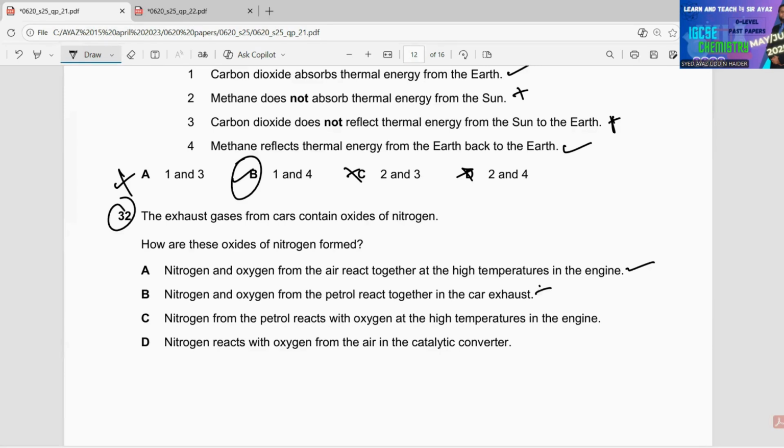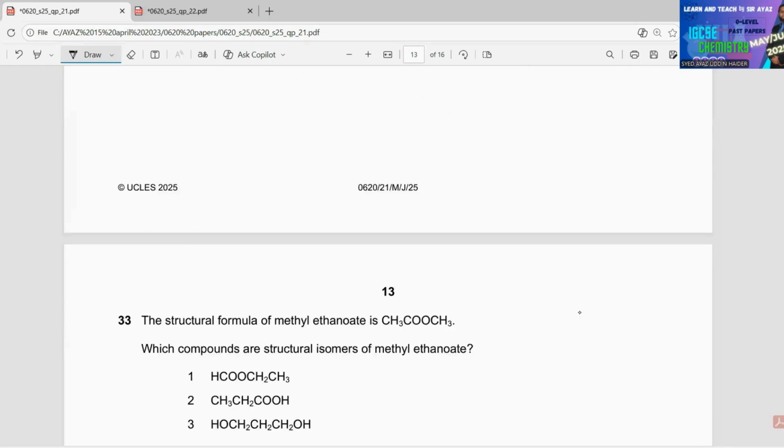This is wrong because petrol does not contain nitrogen. C, nitrogen reacts with oxygen from the air in the catalytic converter. This is incorrect. It does not react in the catalytic converter. So A must be the right answer in this case: nitrogen and oxygen from the air react at high temperature in the engine.